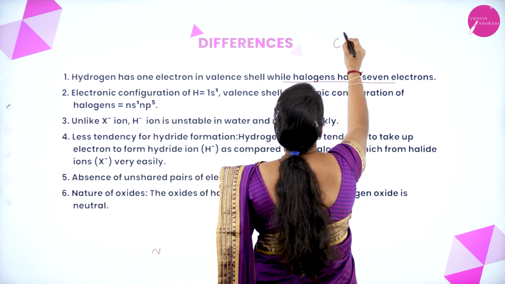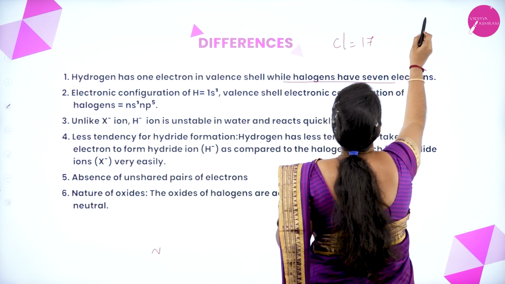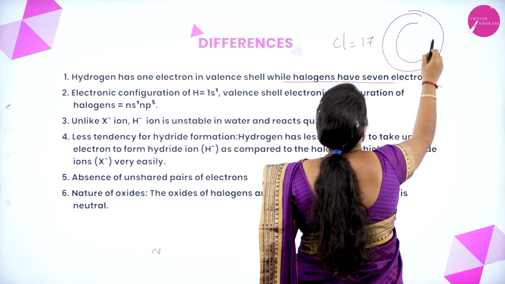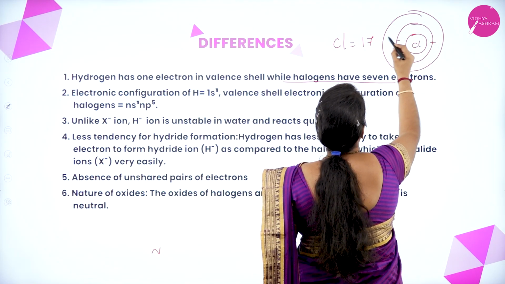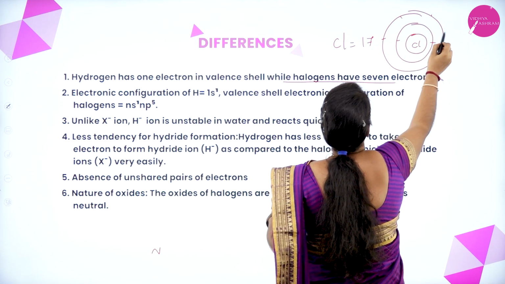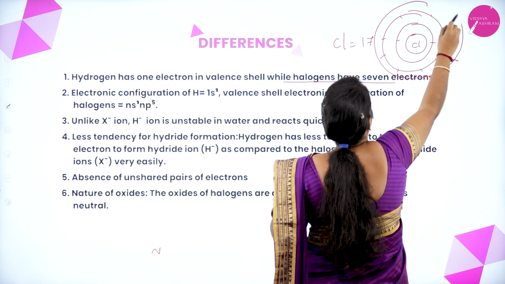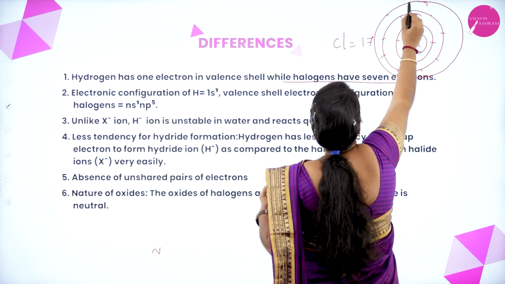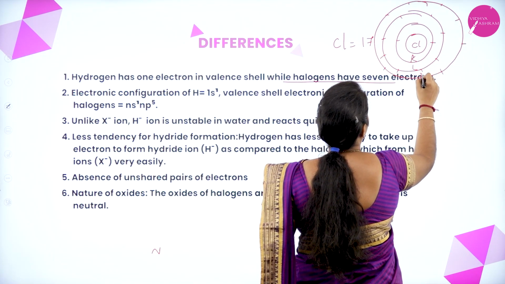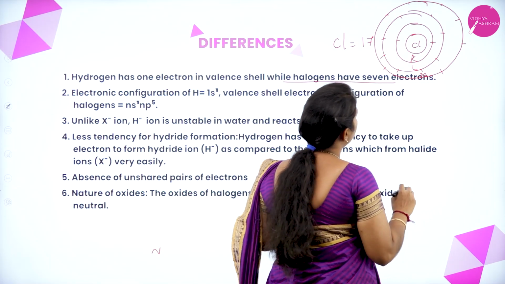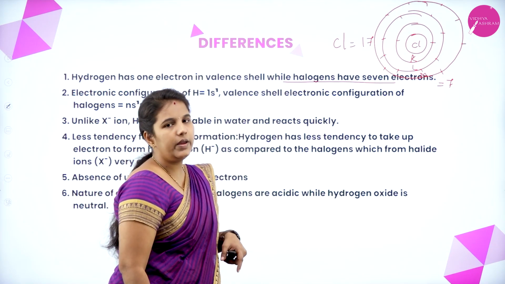We know that chlorine has 17 electrons, and if you write the shells, this is the K shell, next the L shell, followed by the M shell. You can see that the outermost shell has 7 electrons, hence its valency is 7.